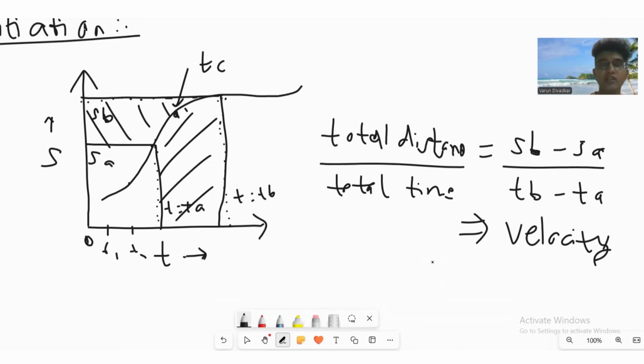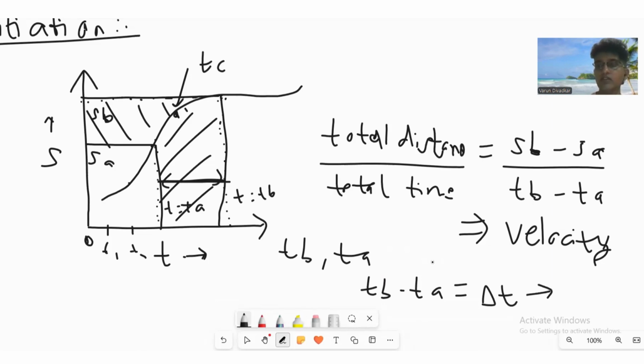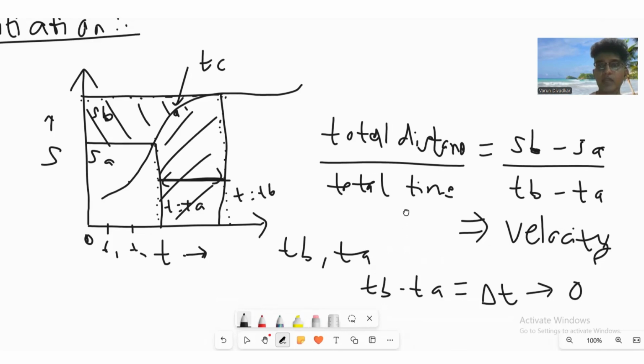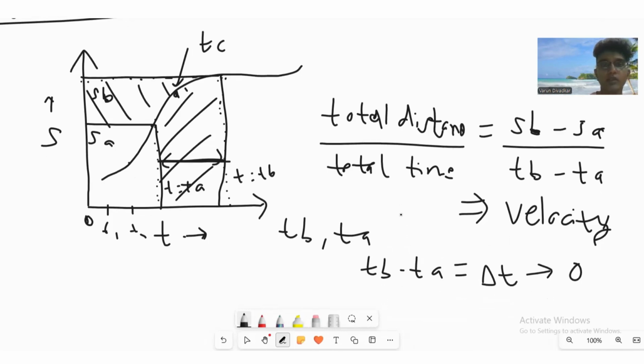What it does is it tries to reduce the gap between TB and TA such that this value TB minus TA, or delta T, tends to 0. Earlier the computation was SB minus SA divided by TB minus TA.